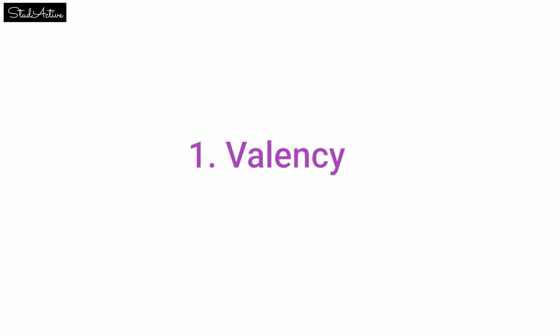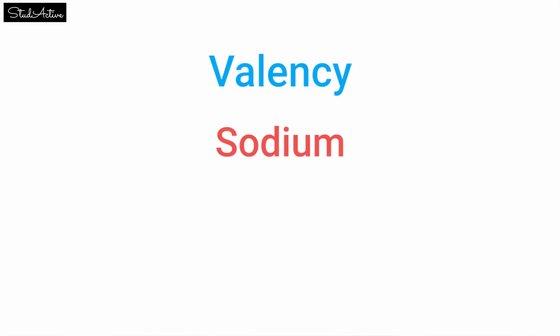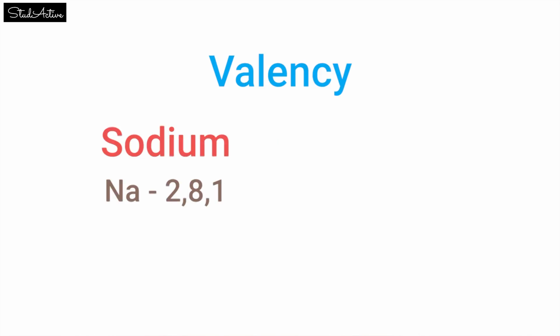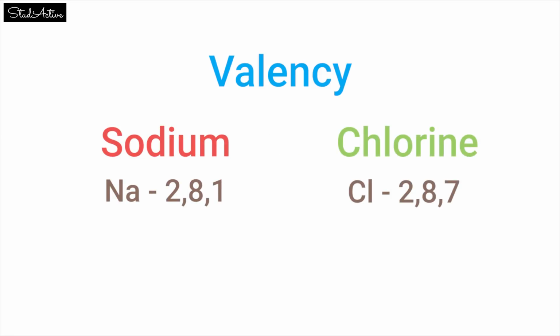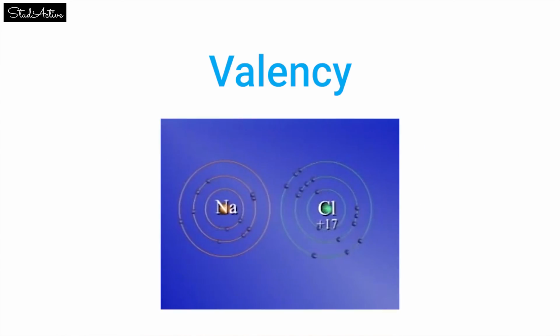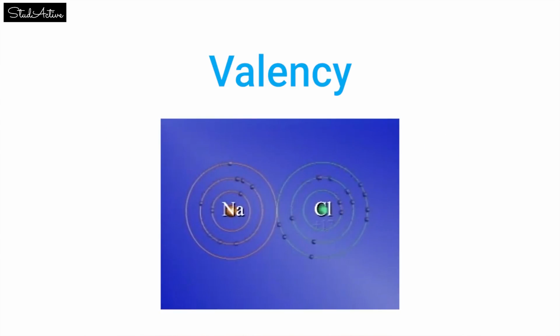Now, what is valency? Whenever an element combines with another element, it will either give or take or share electrons. For example, the sodium has got electronic configuration 2, 8, 1, chlorine 2, 8, 7. To attain the octet state, sodium will give away the last electron and hence the valency of sodium is 1.